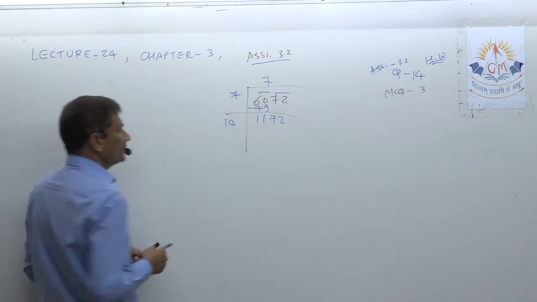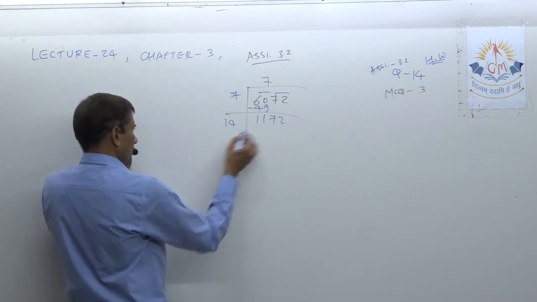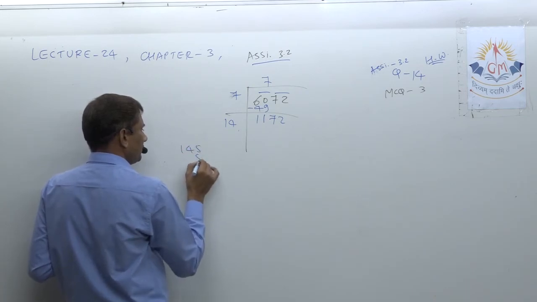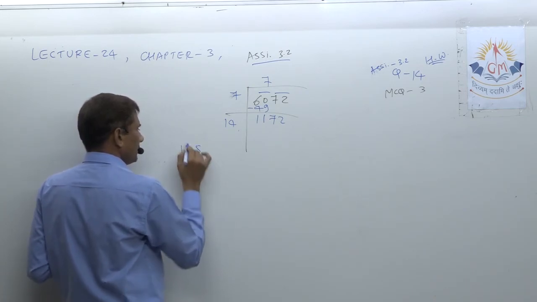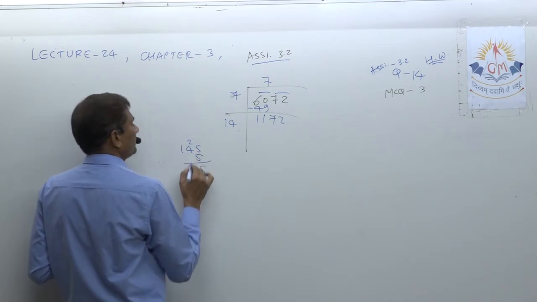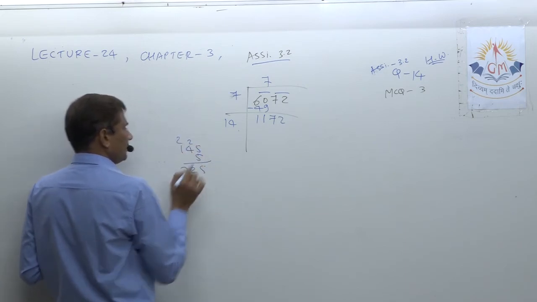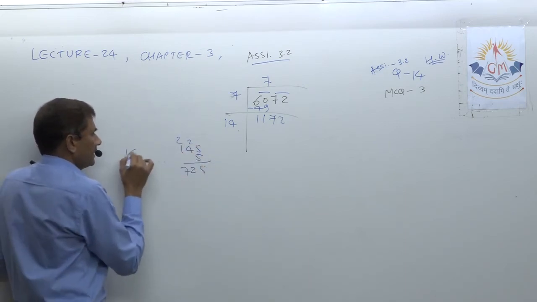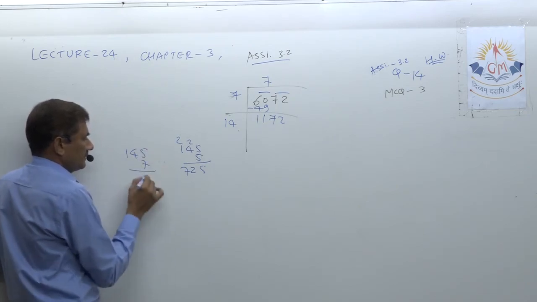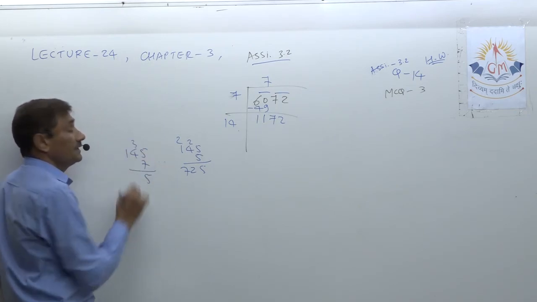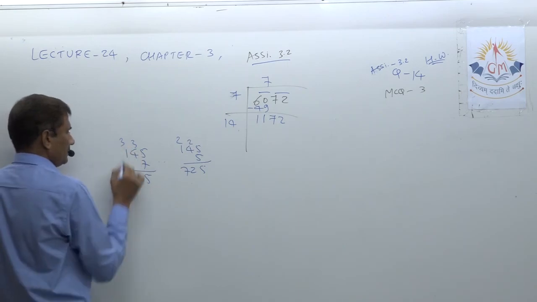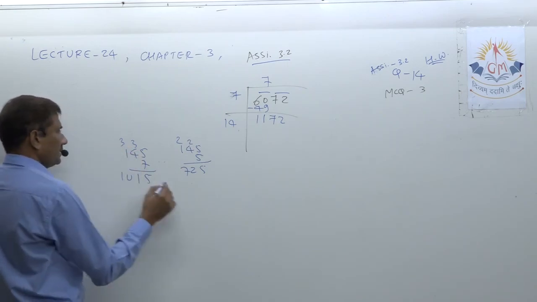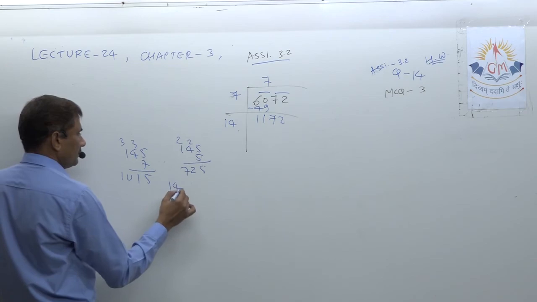So we just go up to, if I say 145 into 5, then how much? 5 5s are 25, 2, 5 4s are 20, plus 2, 22, 7. Still we go ahead. If we reach directly to 7, then 7 5s are 35, 3, 7 4s are 28, plus 3, 31, 1015. Now I think the next number may not be possible.